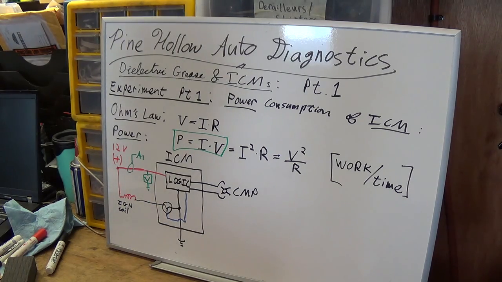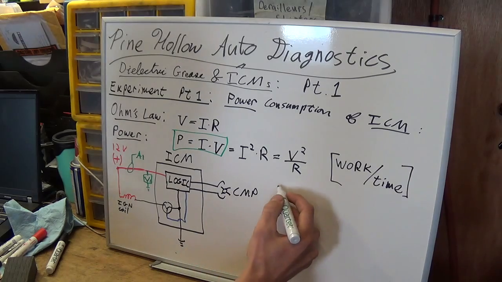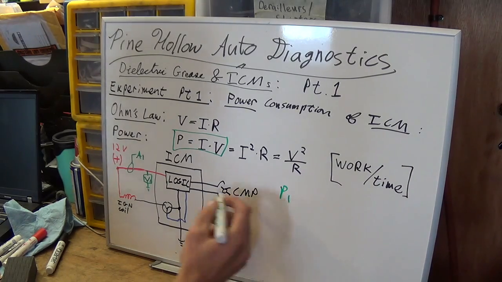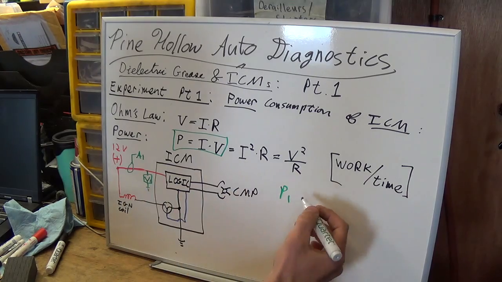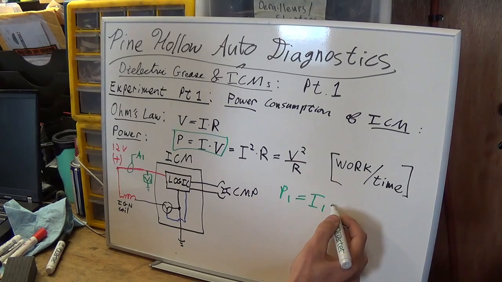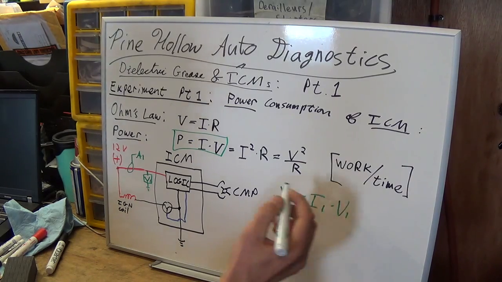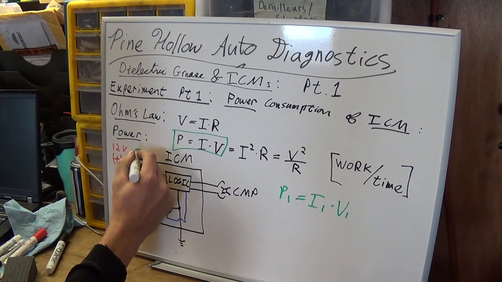So that's V1 and A1. P1, the power consumed by this logic board, will simply be I1 times V1. To be consistent, we'll mark that as I1.